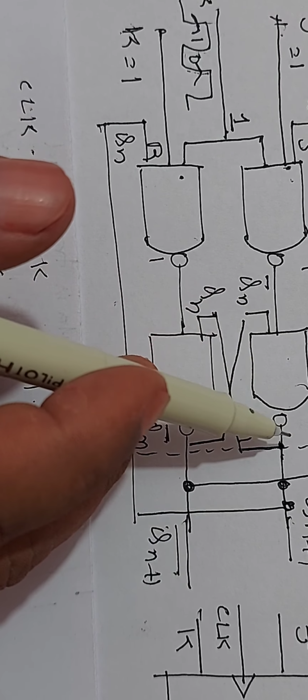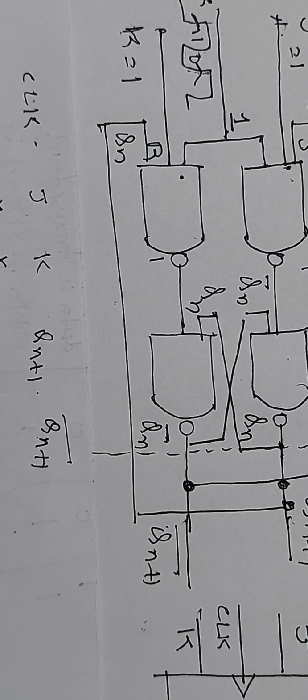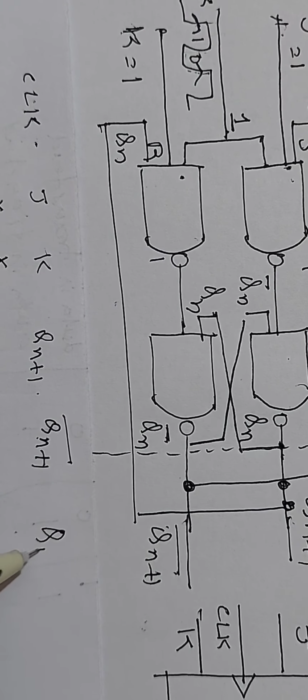Output of this NAND gate is the complement of that, that is Qn. Therefore, Qn plus 1 is equal to 1 into Qn bar whole bar, which is equal to Qn.